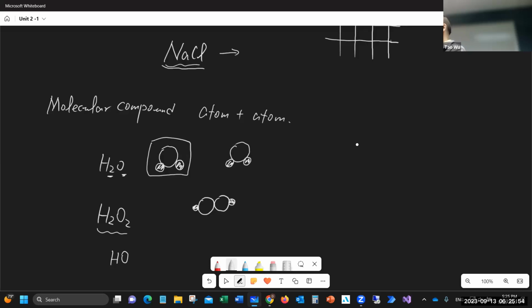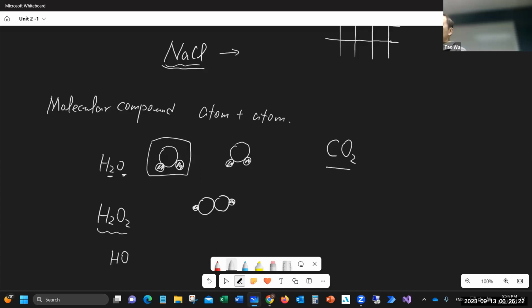So are you with me? When you write a molecular compound, you're not going to write a simplest ratio, which is the empirical formula. The empirical formula may or may not be different from the molecular formula. Are you clear? If you're talking about CO2, then this is the molecular formula and also the empirical formula.